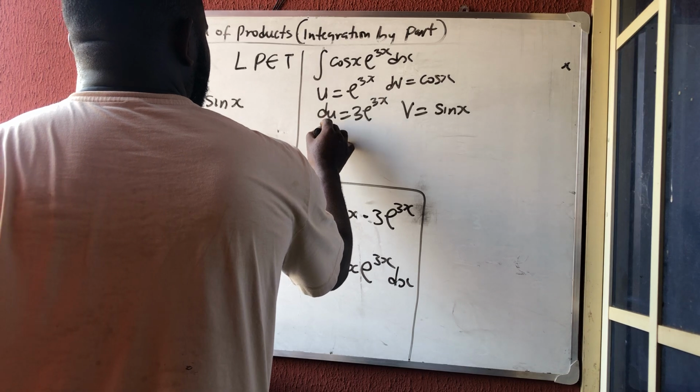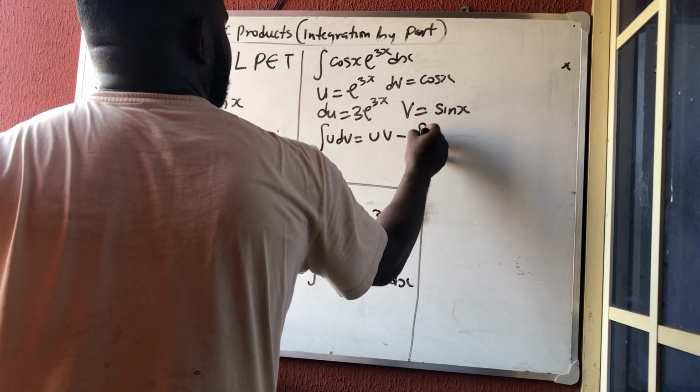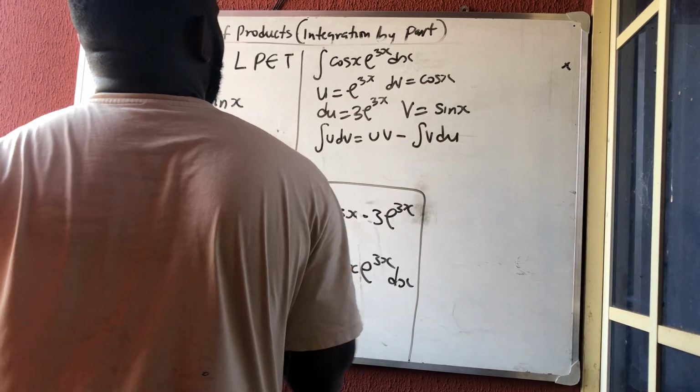My formula says the integral of u dv is equal to uv minus the integral of v du. So what do we have now?